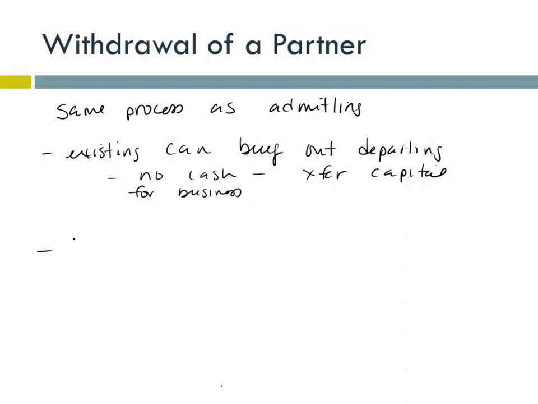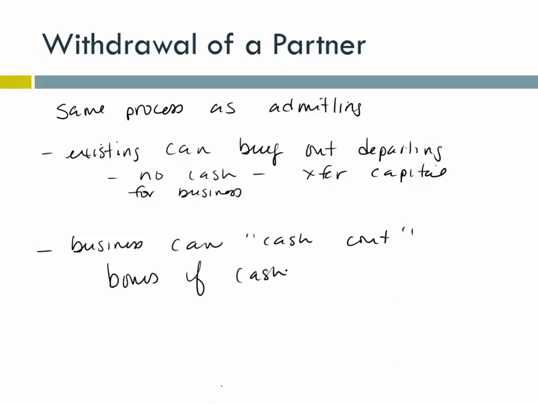The second situation, though, is that the business can cash out that partner. And again, the amount of cash they're giving him might be more or less than his capital, depending on a lot of things. Maybe he's desperate to leave, and so I can give him less. Or maybe this is a founding member, and I decided he deserved more than just his capital balance, so I gave him even more.